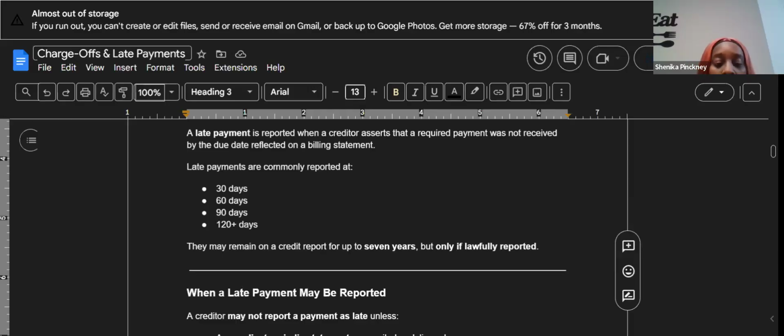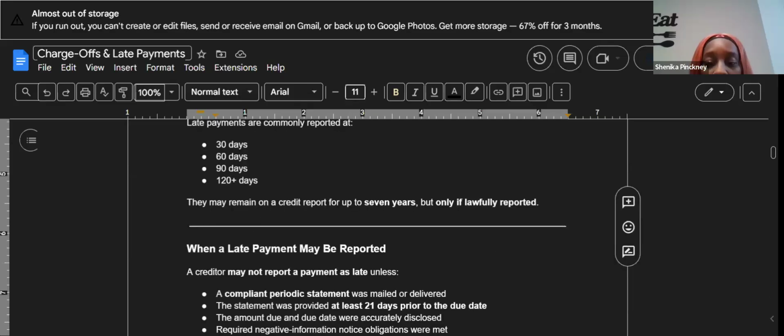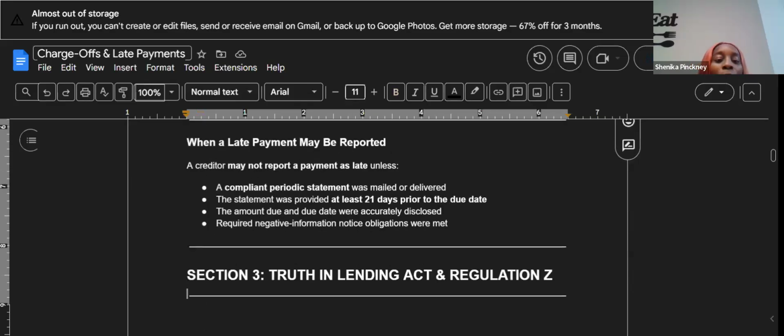The late payments may remain on the consumer report up to 7 years, but only if lawfully reported. So when may a late payment be reported? A creditor may not report a payment as late unless a compliant periodic statement was mailed and delivered to us, and the statement was provided at least 21 days prior to the due date.